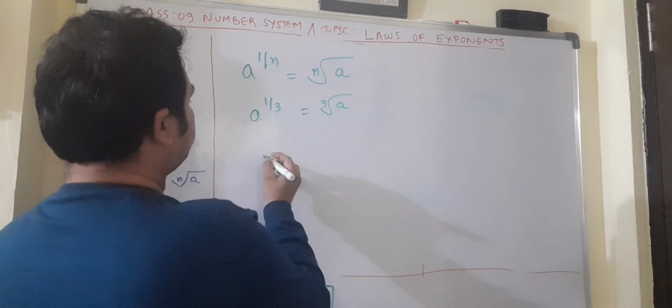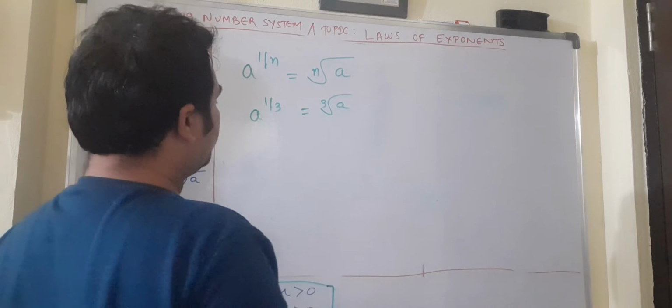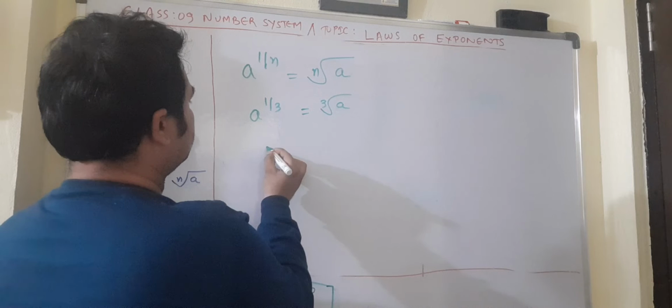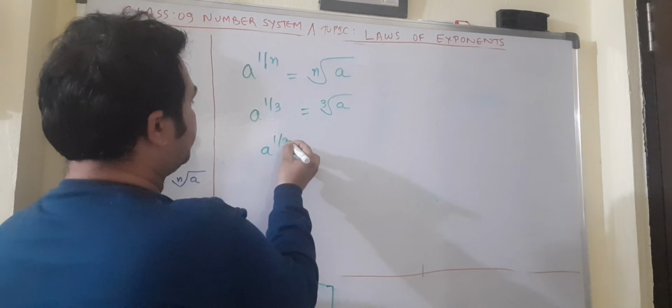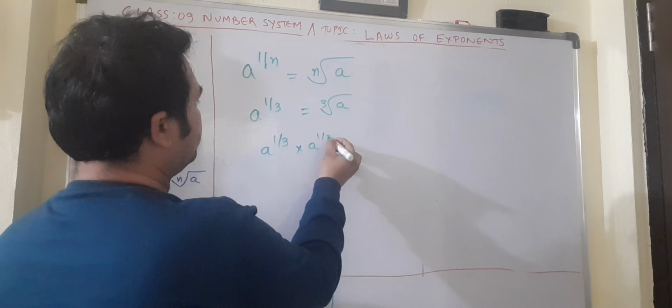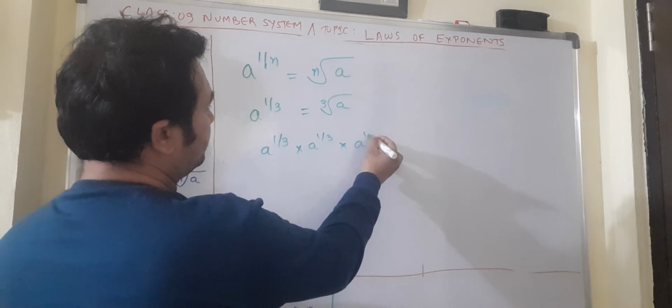So just like in the previous case, a raised to the power 1 by 3 into a raised to the power 1 by 3 into a raised to the power 1 by 3.